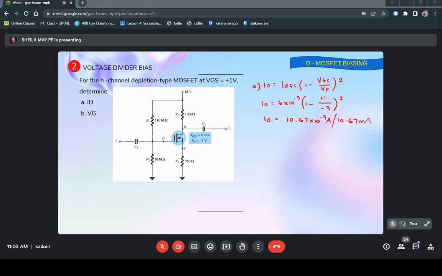R1 is 110 plus 10 mega. VG is 1.5 volts.